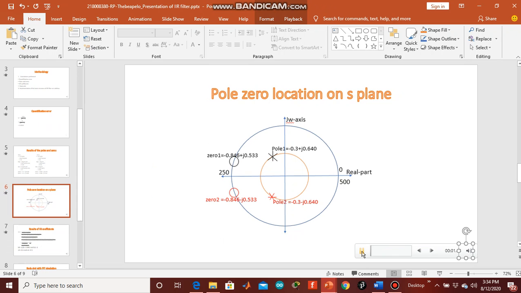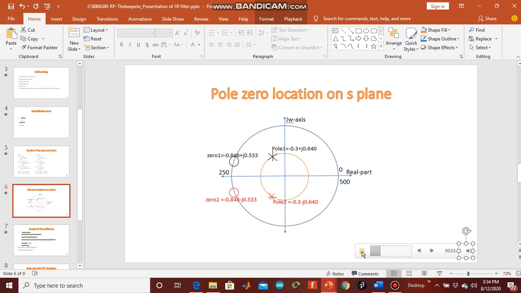Pole-zero location on the S-plane. There's pole 1, pole 2, zero 1, zero 2. Pole 2 is the ghost image or conjugate pair of pole 1.